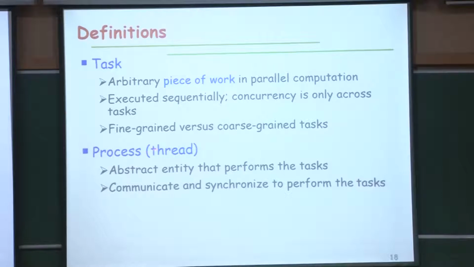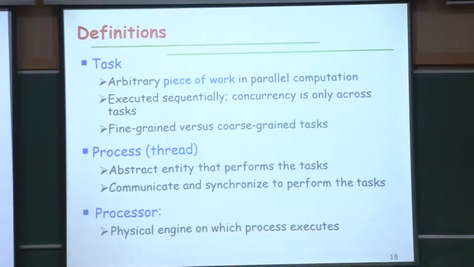But barring that difference, we will use process and thread interchangeably, because when you do multi-processor programming, there are multiple processes executing. You can also think in terms of multi-threading, particularly in the case of a shared memory multi-process program, where process and thread have a similar notion. That's the reason why we use them interchangeably. A processor is the core where things are getting executed.